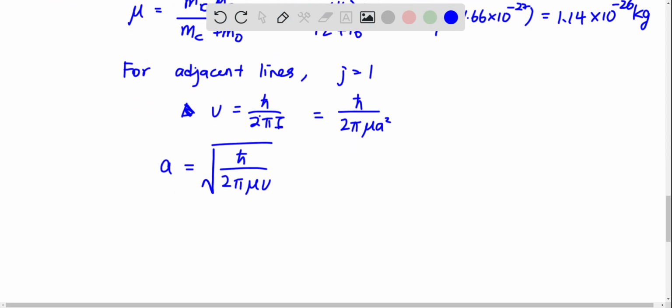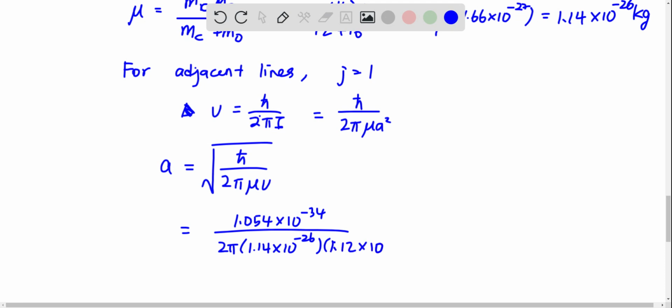Now you can substitute the numbers. 1.054 times 10 to the negative 34, that's h bar, over 2 pi, and mu is 1.14 times 10 to the negative 26, and nu, which is the delta nu, is 1.12 times 10 to the 11.